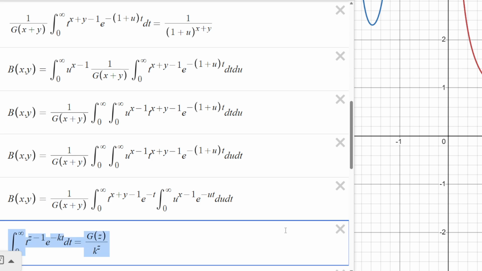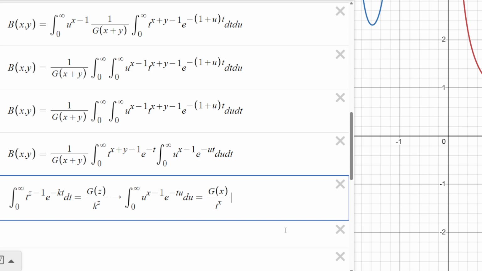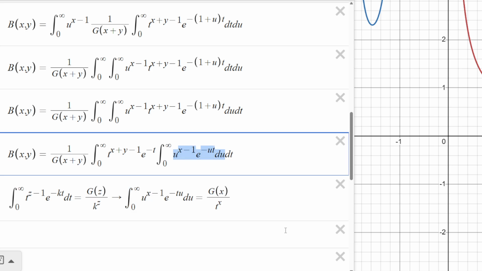Don't forget, we already showed up above that this is true. So that means that this is true. We replaced our t with a u, we replaced our z with an x, and we replaced our k with a t. So this is true, and that is right here.